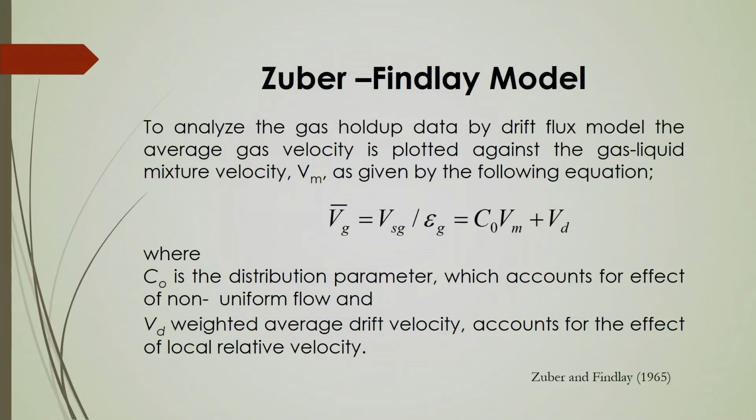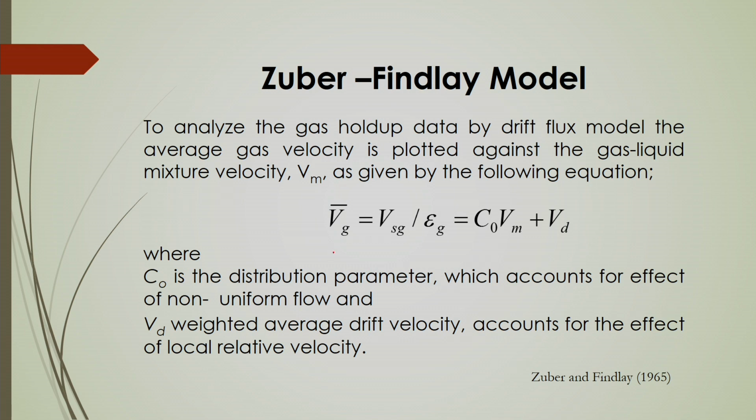Zuber and Findlay, 1965, developed this model to analyze the gas hold up based on the interaction of the gas bubbles and also the drift, that means the relative velocity of the gas bubbles whenever they flow in a certain reactor of a gas liquid system.